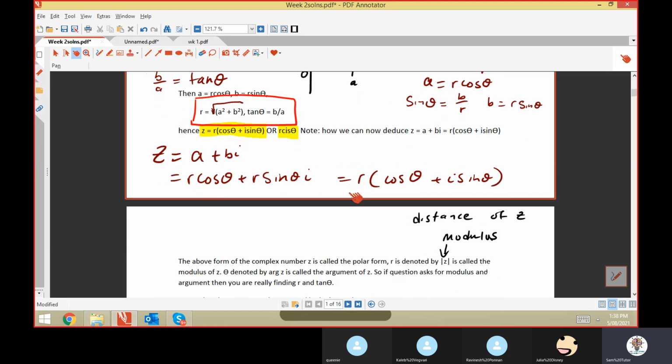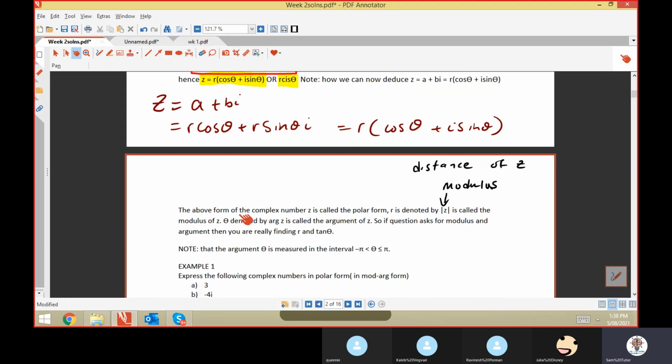Okay, good, back to it. Hold on. So one more time. The above form of the complex number Z is called the polar form. The R is sometimes denoted by modulus of Z, which is called the modulus of Z. Theta is sometimes denoted by the argument of Z, arg Z. So if the question asks for modulus and argument, then you're really just finding R and tan theta.